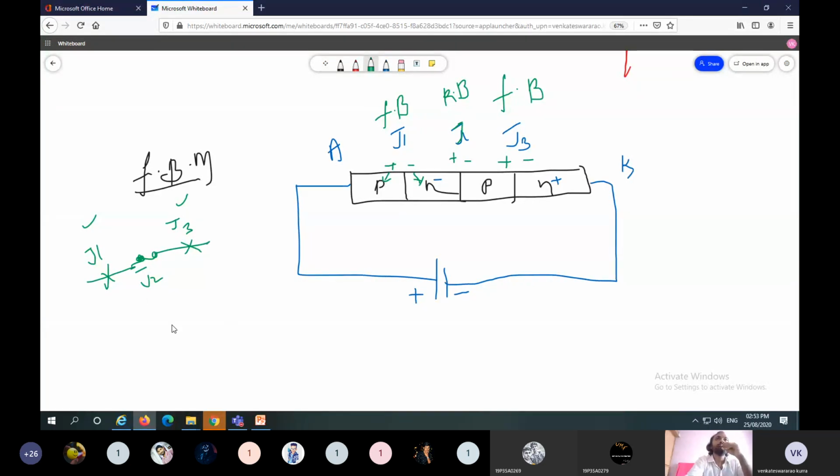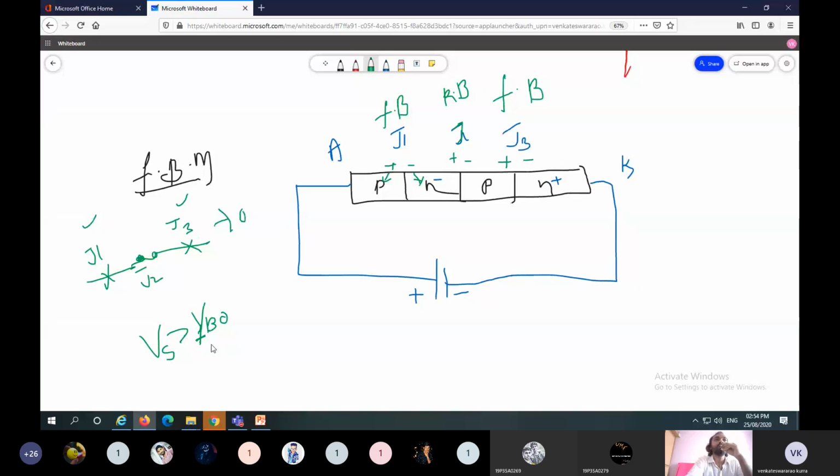Suppose we increase the input voltage, Vs. If we increase Vs beyond VBO, the forward breakover voltage, then up to this point the device acts as an open switch.